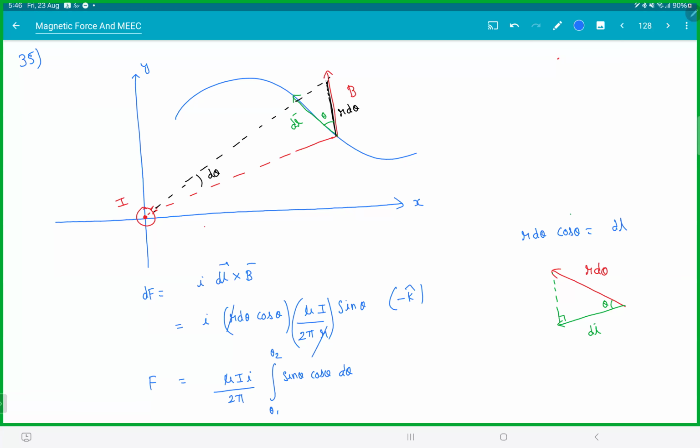How do I take this component? Should I take dl's component on B or B's component on dl? I think I'm goofing up something here.